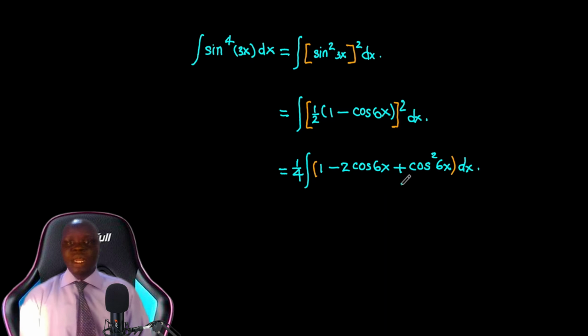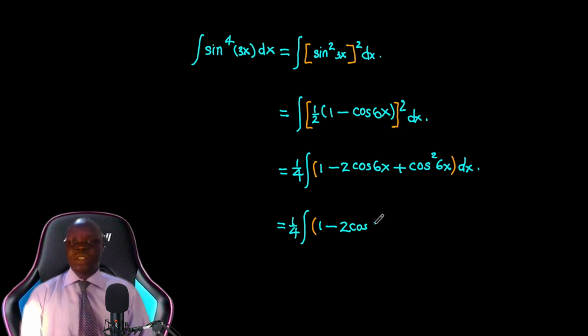Now with this, we can move on and replace the second term here, reducing its power from 2 to 1. Now let's do that in our next step, where we have 1/4, the integral of, so let's maintain our first two numbers here, and that is 1 minus twice cos 6x plus, now the next one is 1/2 into 1, and because it is cos, we can have addition here, and again we still maintain our cos, but the power can reduce from 2 to 1, and the angle will double to 12.